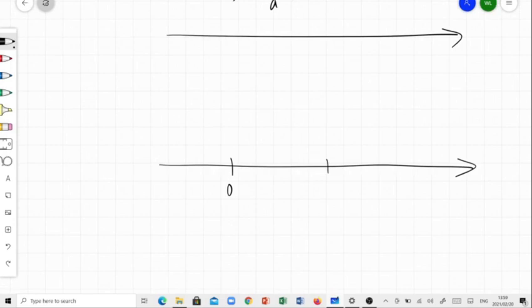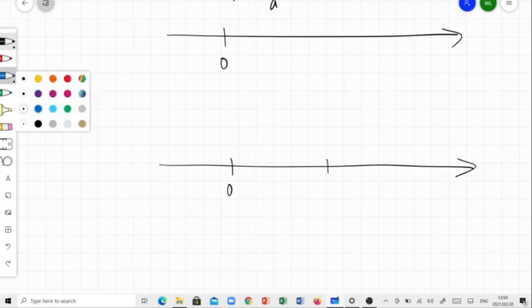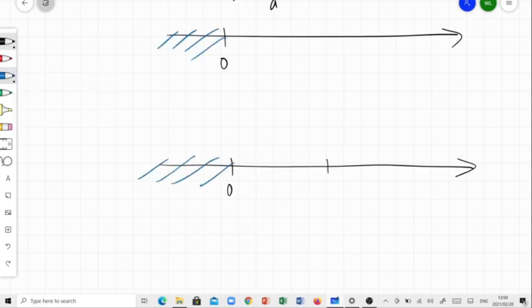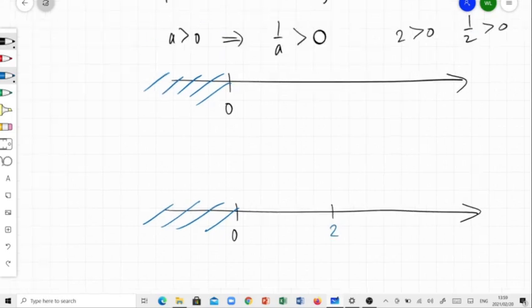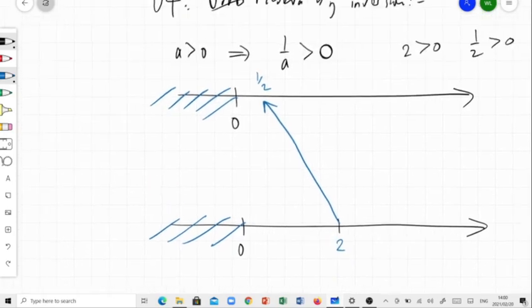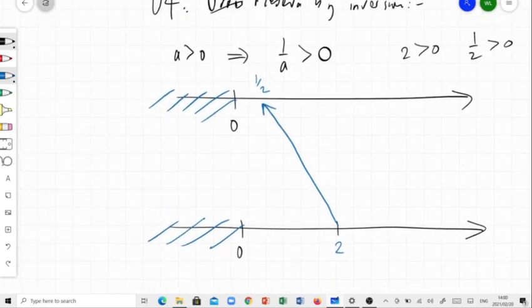Because all the action is happening on the right side, I can just scratch out the left side of 0. Here I have the number 2. If I apply the inverse operation on 2, I get a half. And notice that all the outputs lie to the right of the line. So this is what is called order preservation of positivity, okay?